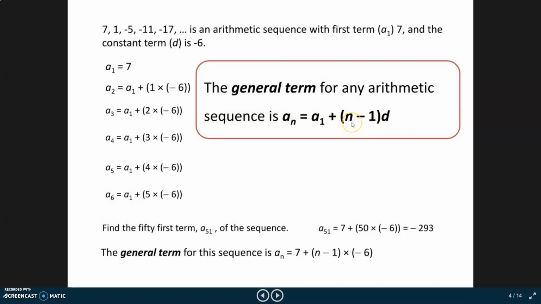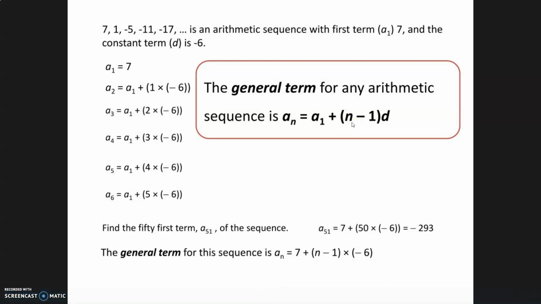N is whatever term number in our sequence we're seeking to find. So if I wanted to find the 117th term, n would be 117.